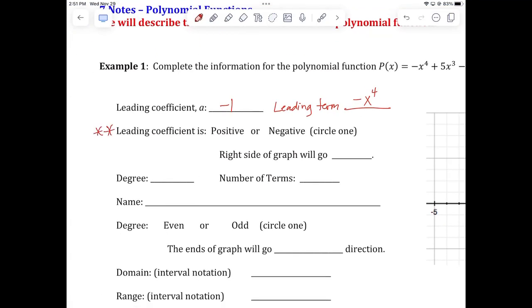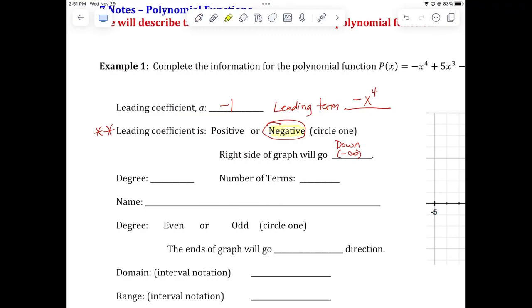Now, this is an important one. Let's put a couple asterisks by there because this is a teaching example. The leading coefficient, of course, is what type of number? -1 is what type of number? Positive or negative? Negative. Okay, good. Now, here's what's important. The right side of the graph, if the leading coefficient is negative, is going to go down to -infinity every single time.